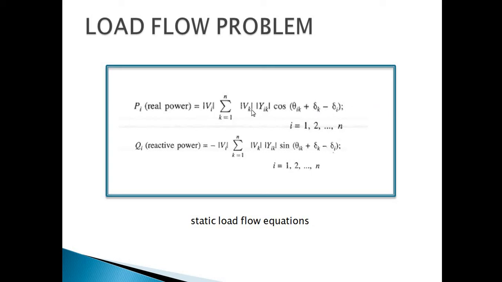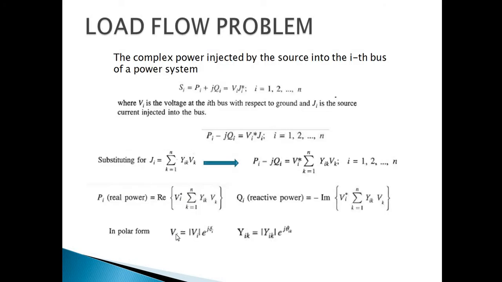After replacing all the values of Vi here, you have Yik and Vk being replaced by this kind of formation.